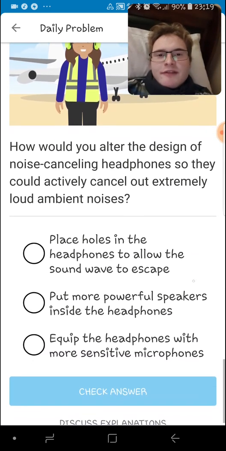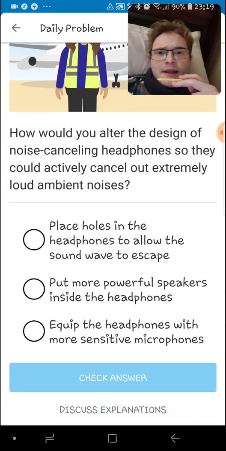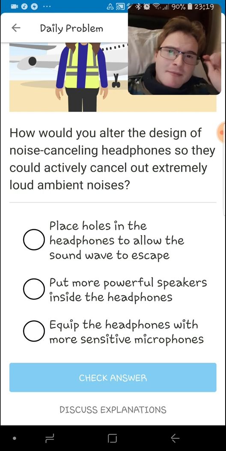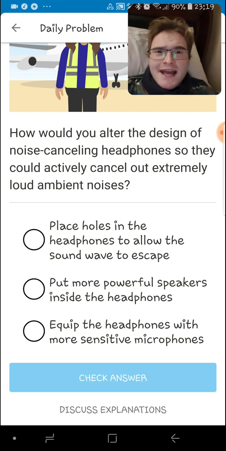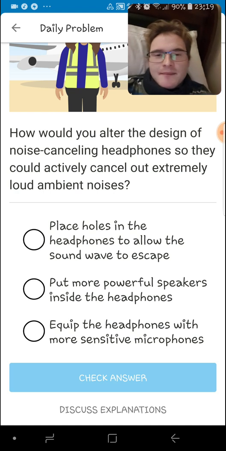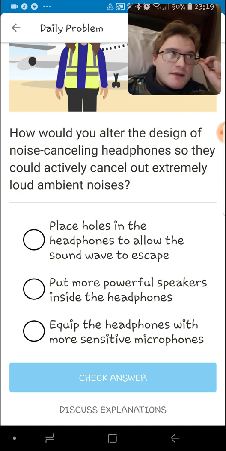So that one should be pretty straightforward. Essentially, you need to produce sound waves that are out of phase with the ambient noise, and you have to bear in mind that louder noises have a higher amplitude. So you need to produce waves that are out of phase to these high amplitude sound waves by increasing the amplitude of the out of phase waves that your headphones are producing in the interiors to cancel out those waves.